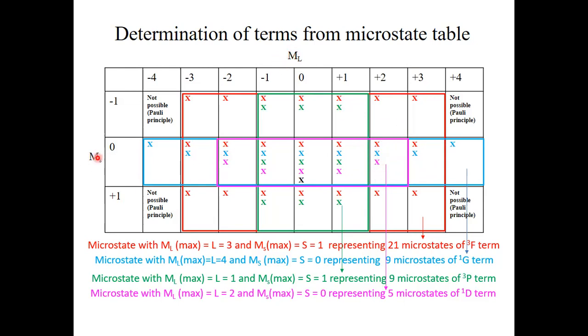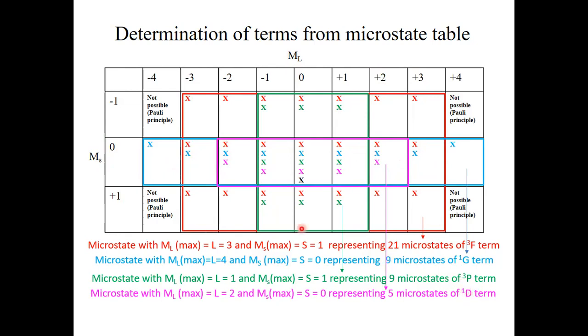And with regard to MS, we only have one choice, which is choosing MS being equal to 0. So ML equal to 2 refers to a D term, and 2 times 0 plus 1 is equal to 1 defines a singlet term. So therefore, this is a singlet D term or 1D term.